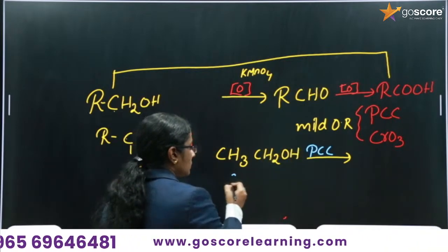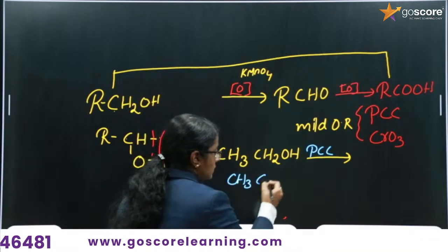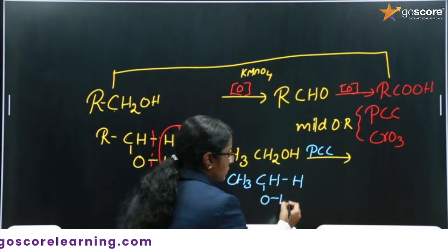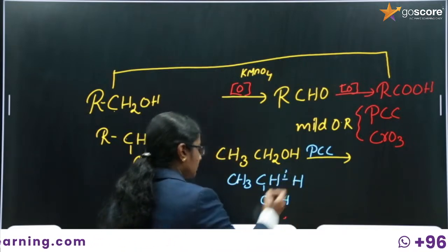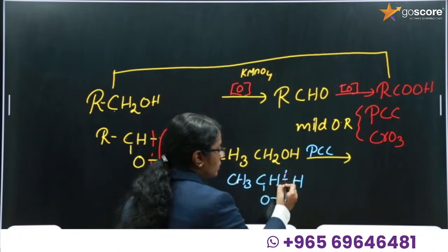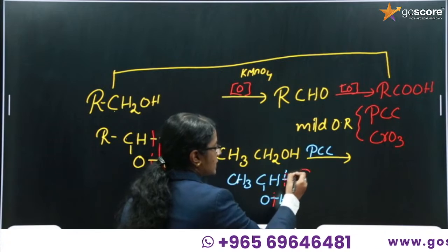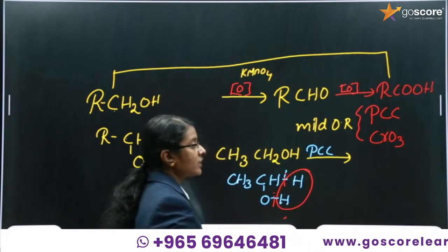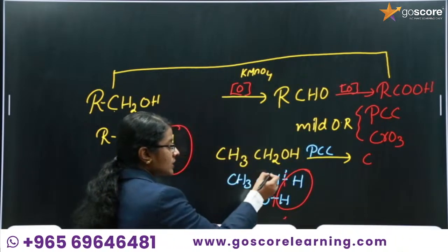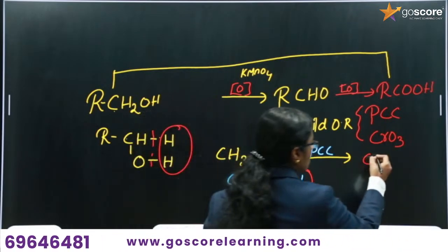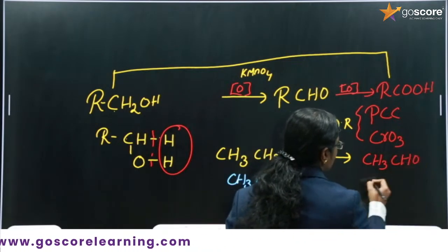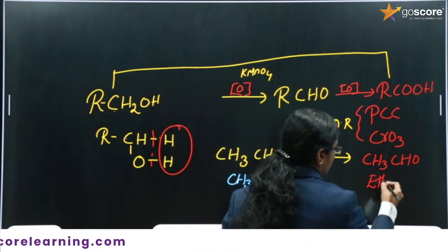So I will write like this: CH3CH2OH. Cleave the CH bond, that is, dihydrogen will be eliminated and you will get the corresponding aldehyde, CH3CHO, that is ethanal.